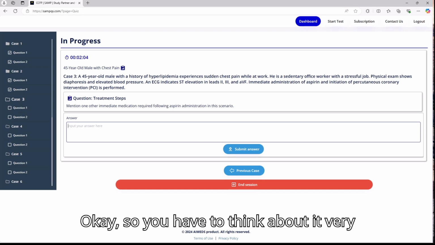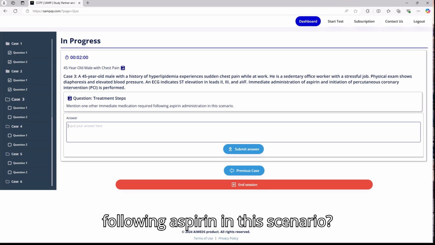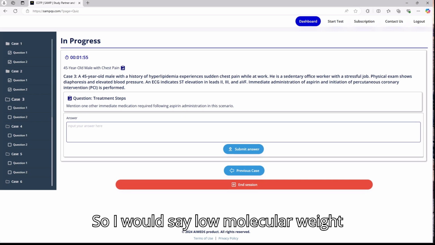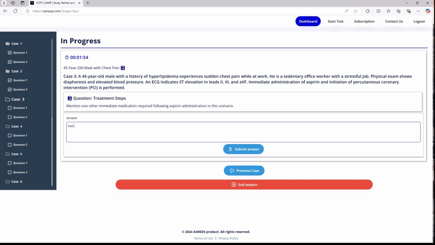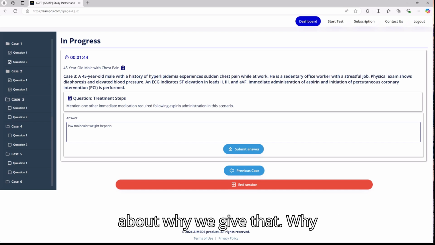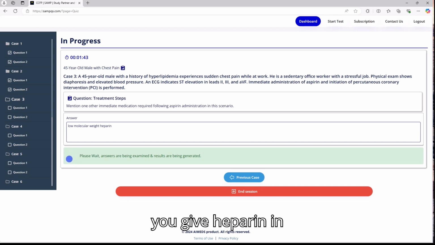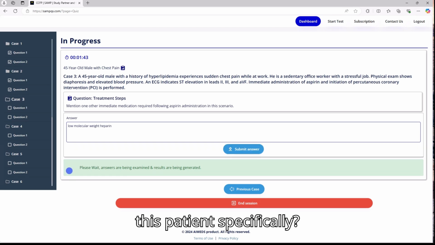Okay, so you have to think about it very carefully. What medication would you give following aspirin in this scenario? So I would say low molecular weight heparin. Okay, and I will let you go and read about why we give heparin in this patient specifically.